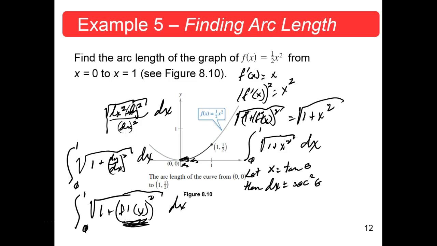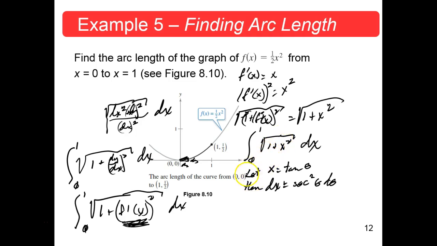Now, what did I leave off of this? I got it written most of the way, but I need one more little thing there. D theta. Perfect. Now we got that part. But what's up here is not just an x, it's a 1 plus x squared.